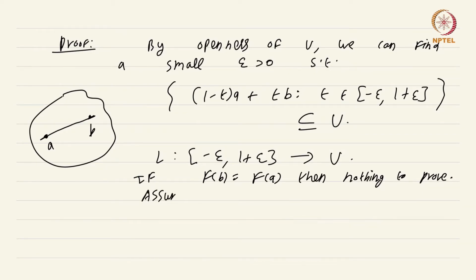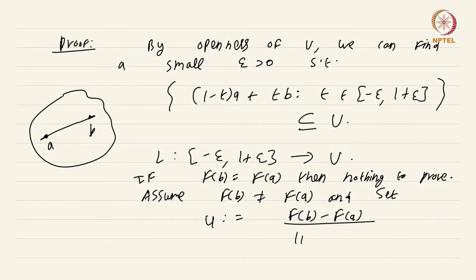So assume f of b is not equal to f of a, and set the vector u to be f of b minus f of a by norm f of b minus f of a. That is the unit vector in the direction f of b minus f of a.